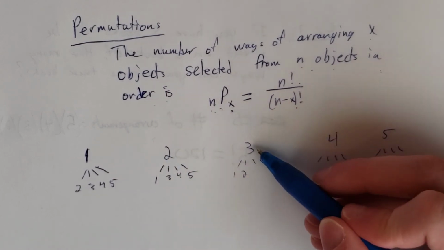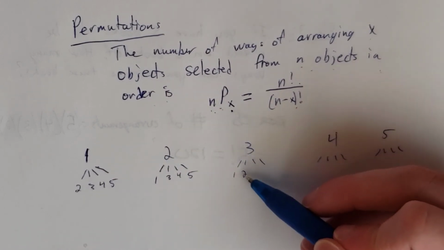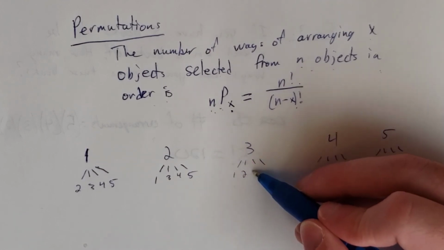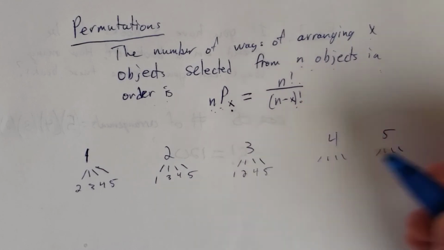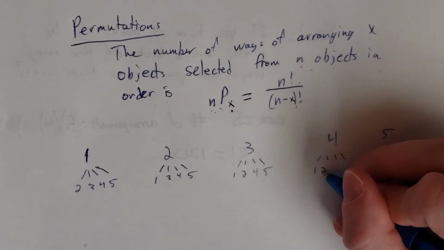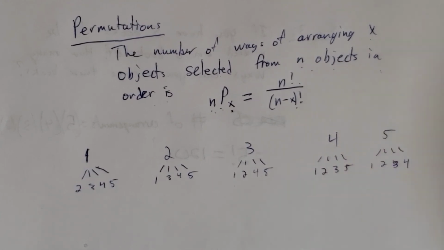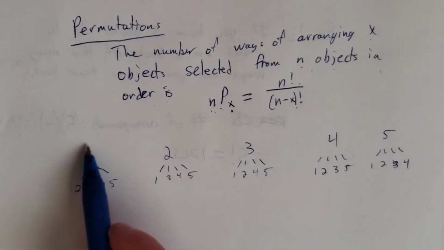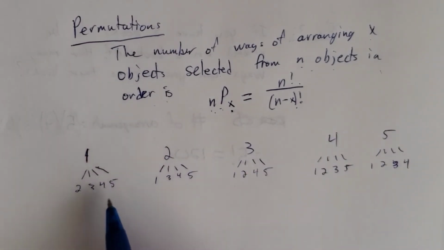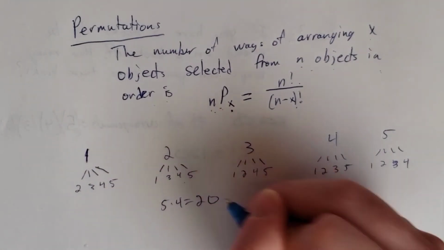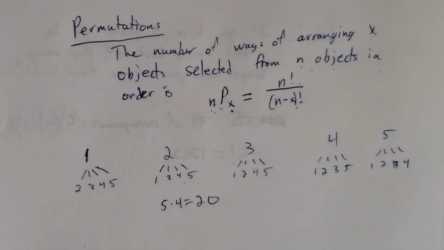This represents that first place was runner 3, and second place was runner 1, or here runner 2, or here runner 4, or here runner 5. And what are the total number of possibilities here? Well, first place has 5 options, and then for each of those 5, we had 4 selections for second place. So 5 times 4 is equal to 20.